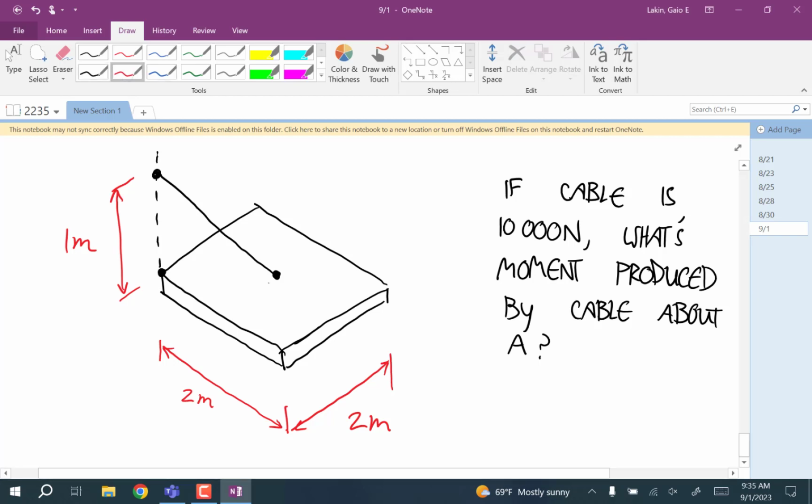So let's use the x-axis going this way, the y-axis this way, and the z-axis then has to go this way.